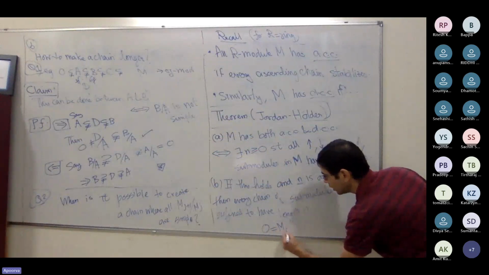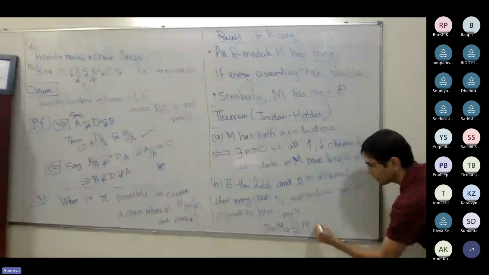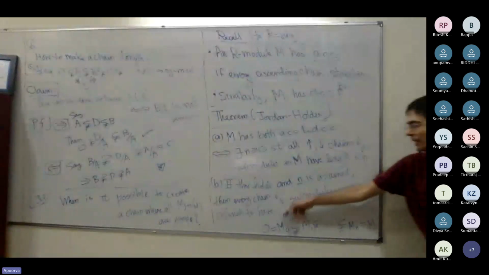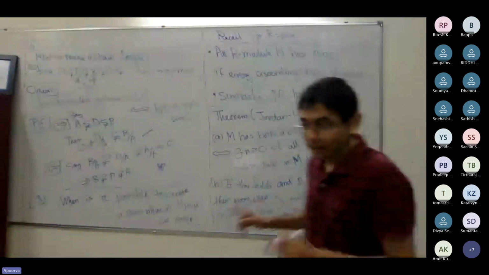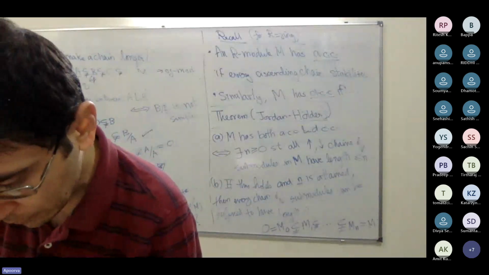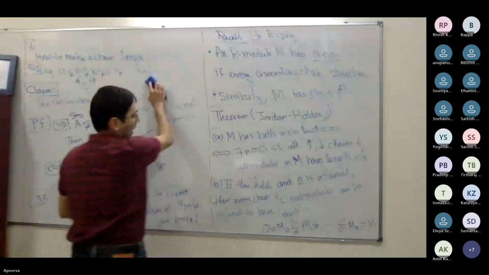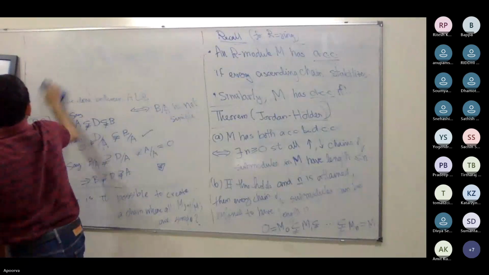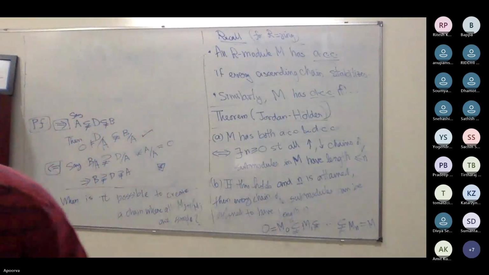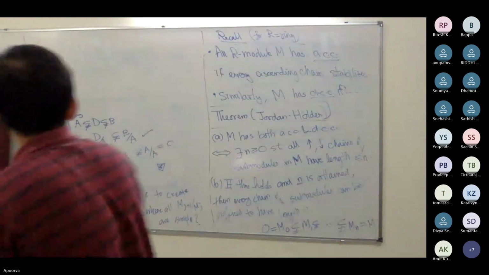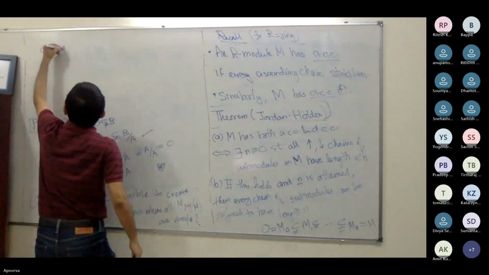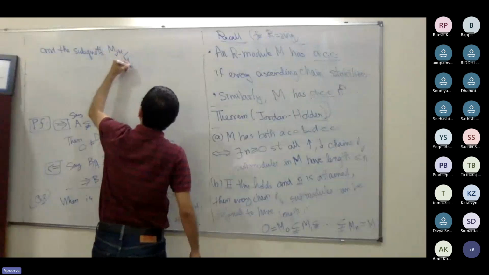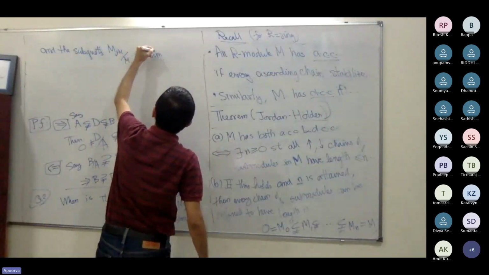This means 0 equals M_0 strictly contained in M_1 strictly contained in and so on up to M_n, which equals M. There are n subquotients, length n, and the subquotients M_{j+1} mod M_j are simple.